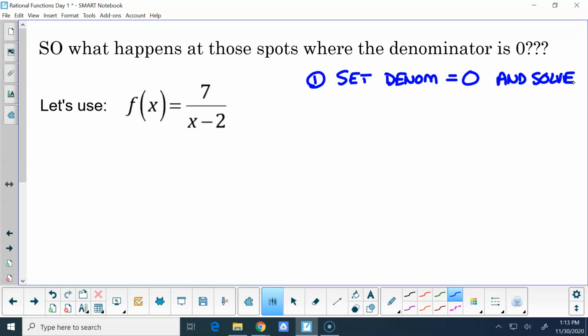So in this case, we would say x minus 2, we would set it equal to 0, we'd add 2 to both sides, and we'd get x equals 2. So this is that exception.